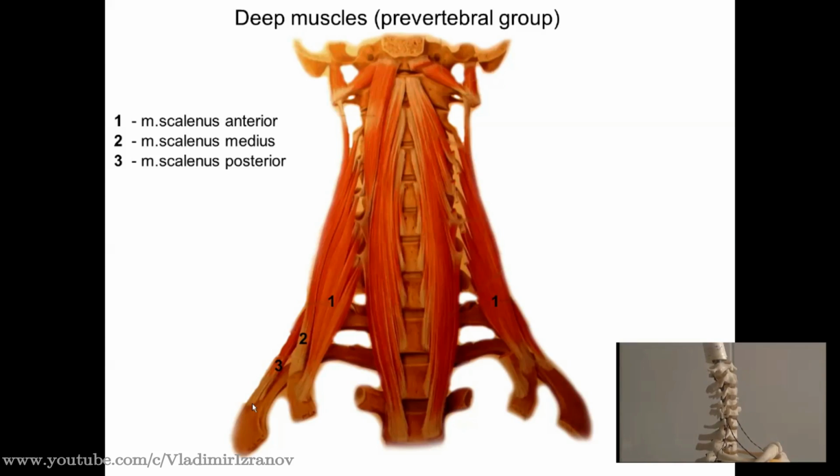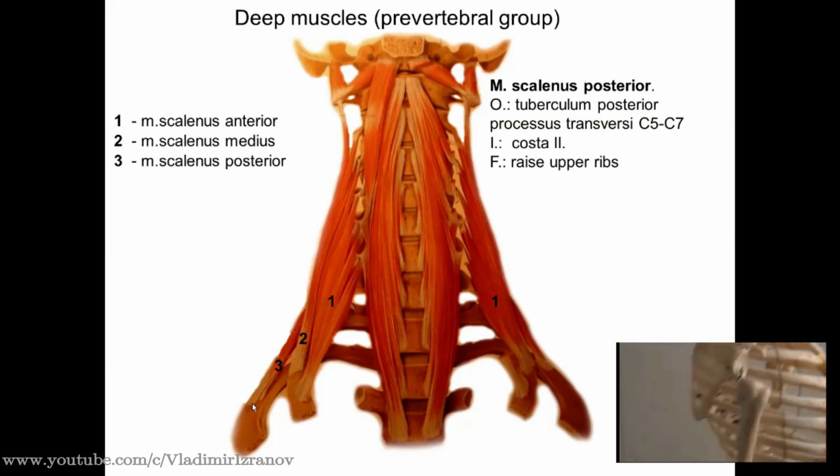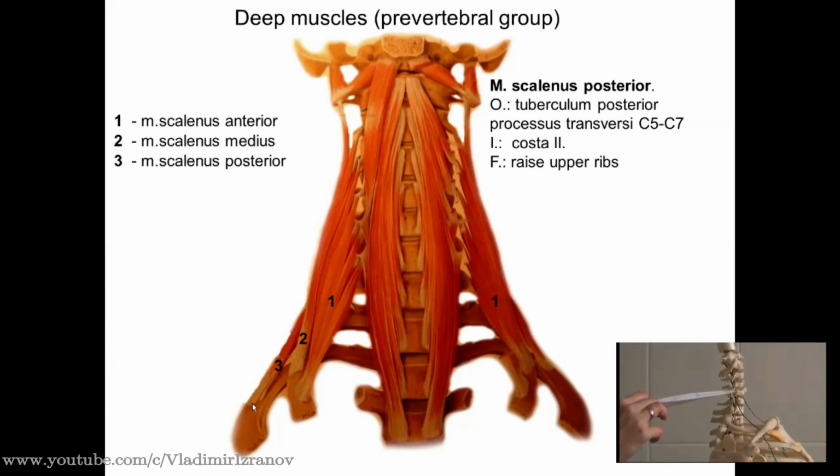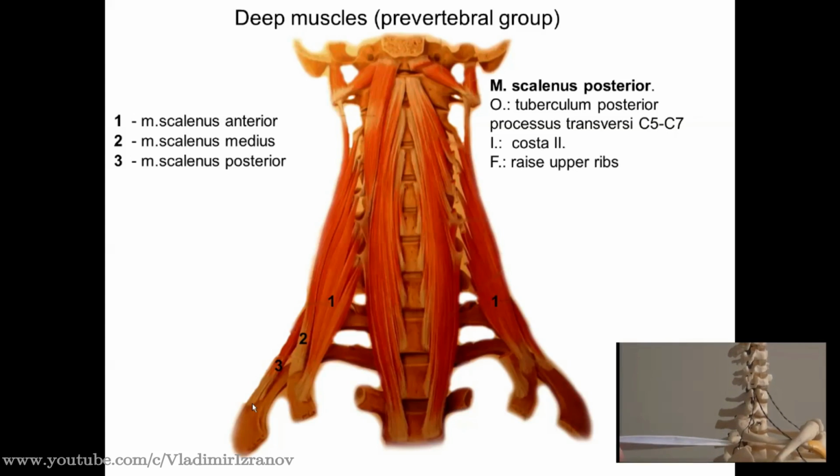So, origo, tuberculum posterius processus transversi of vertebra cervicalis from 5th to 7th. Insertio costa secunda, second rib, and the same function. This muscle raises upper ribs, which is necessary during inspiration. So, next.